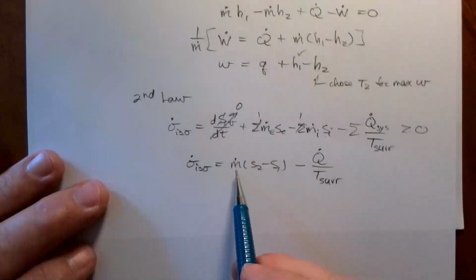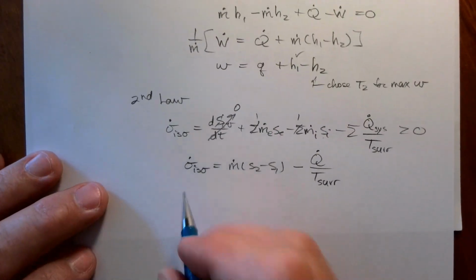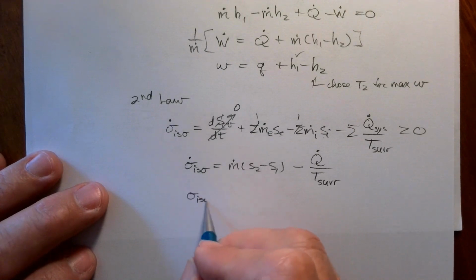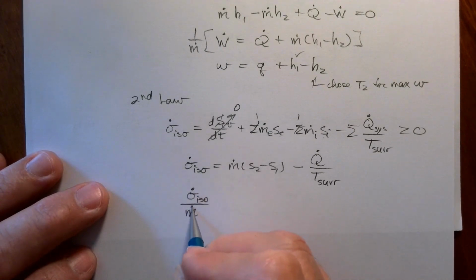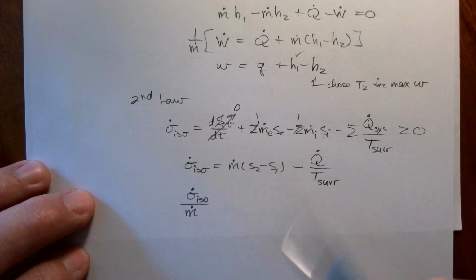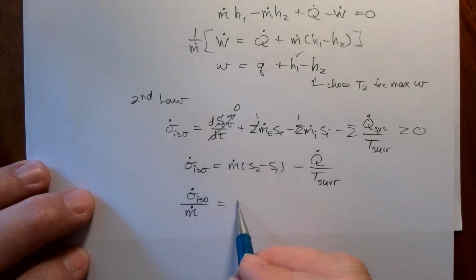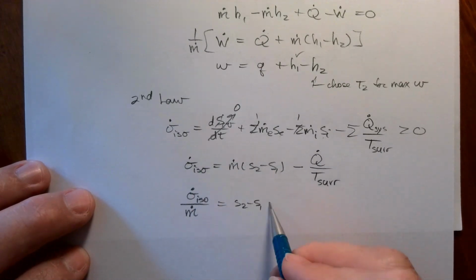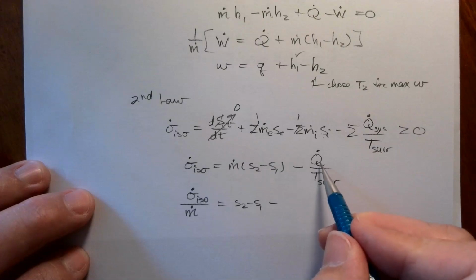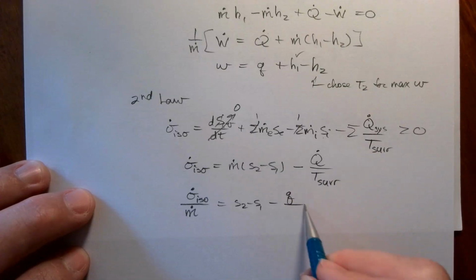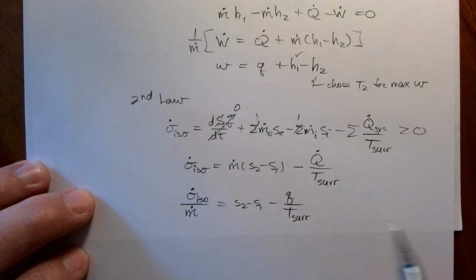Again, we're not given m dot, so we're going to divide through by that m dot. So we'll end up with sigma isolated dot over m dot is equal to S2 minus S1 minus this capital Q becomes a little q over T surroundings, right?